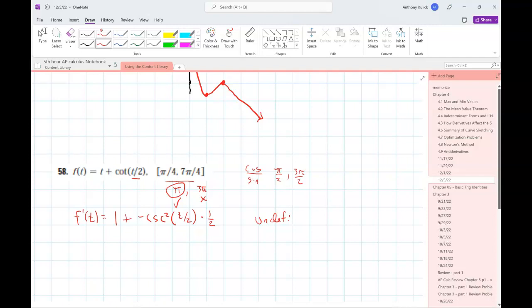Cotangent is cosine over sine, so they're going to be undefined at the same place, which is wonderful news for me. So right away I can write down pi as one of my values I have to check. You good with that? Now, anyways, we'll get to it. And now we'll just set this equal to 0. Oh, do I really have to check this?